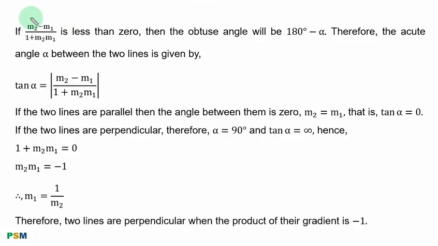If this expression is less than 0, then the obtuse angle will be 180 degrees minus alpha.